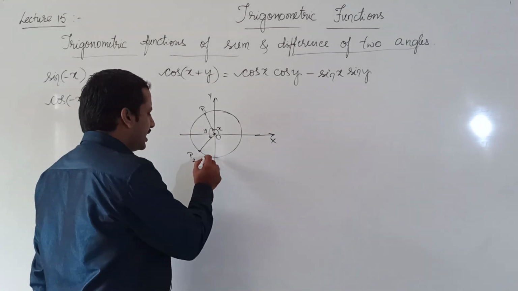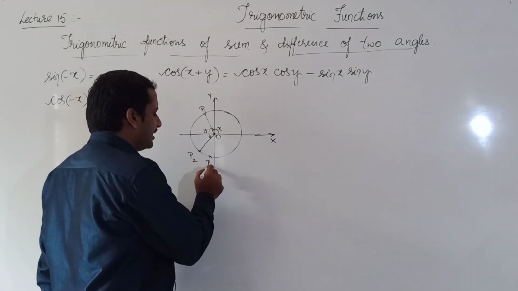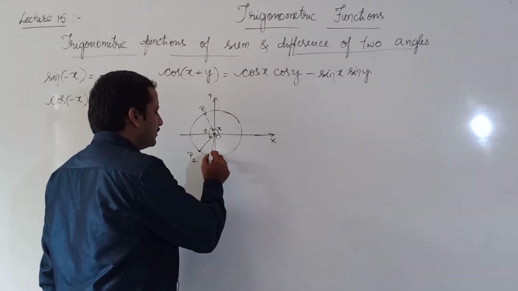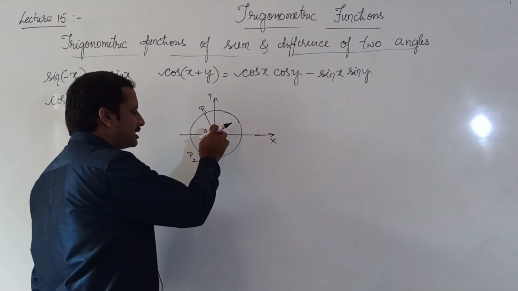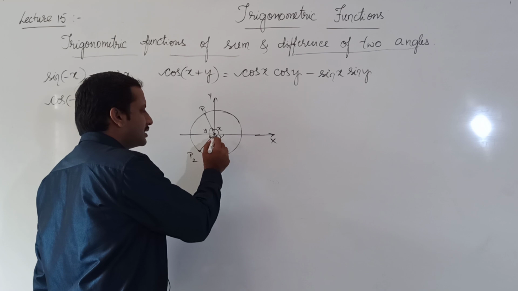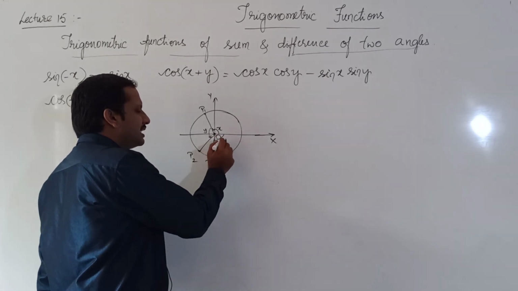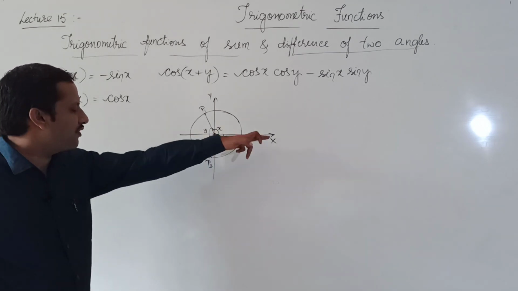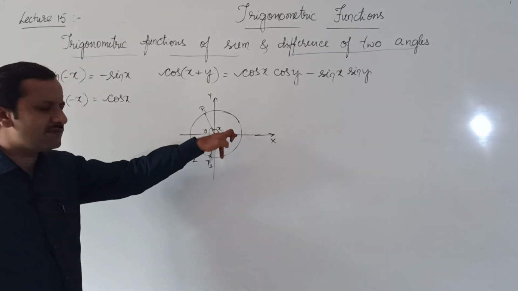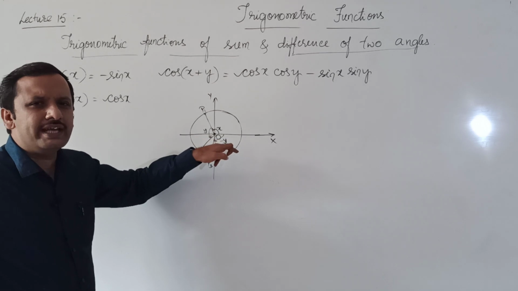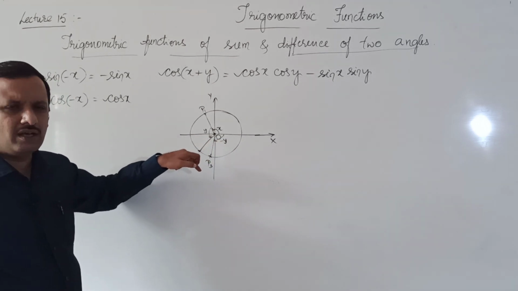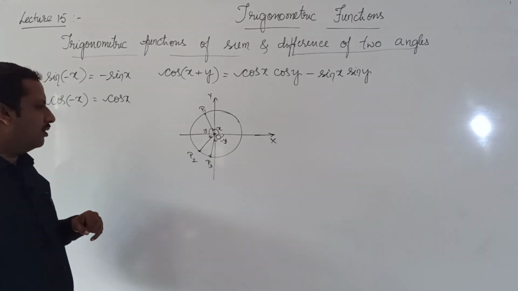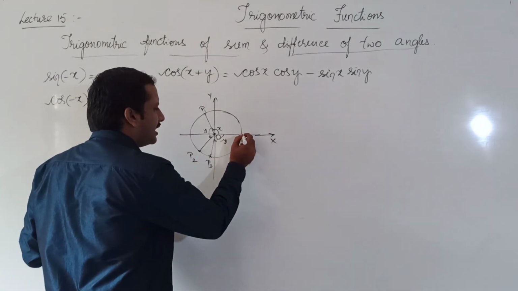And I will choose another point here, P3, such that this angle XOP3 is minus y. This angle I am measuring in the clockwise direction. So from here XOP3, in this way I am measuring, so that is minus y. Now I'll call this point P4.